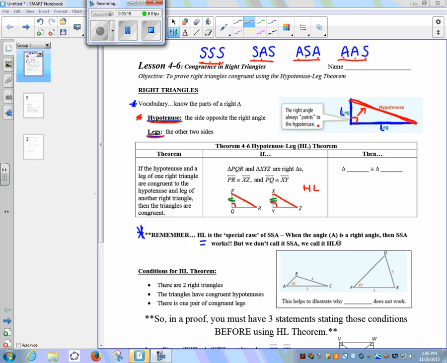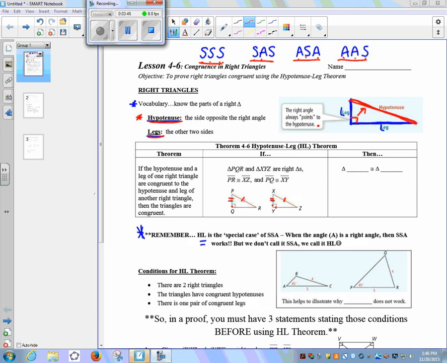However, even though the name only has two letters in it, we really do need to know a third part, because we have to know that that angle is a right angle. So in this diagram, if we know that the hypotenuse is congruent to the hypotenuse and the leg is congruent to the leg, and they are both right triangles, then we could say the two triangles are congruent.